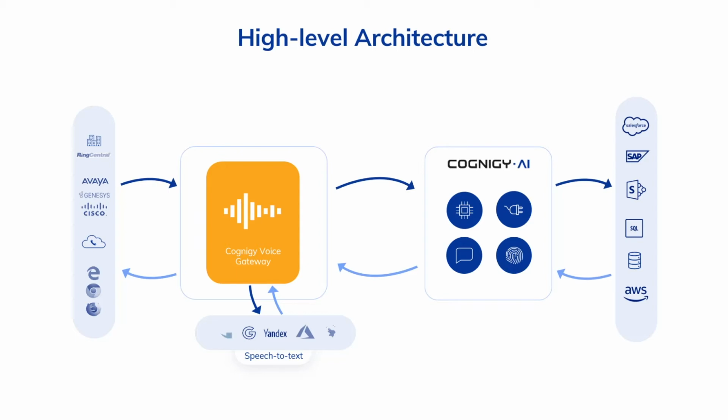On the way back, when Cognigy answers something, this is text that reaches the Cognigy Voice Gateway, which we then turn from text to speech, again with this variety of solutions that we're integrating with. And then the customer will hear the answer. Today we're going to look at how to build such voice bots and what the capabilities are that Cognigy AI in conjunction with Cognigy Voice Gateway deliver.